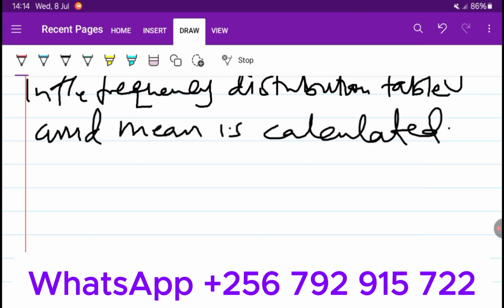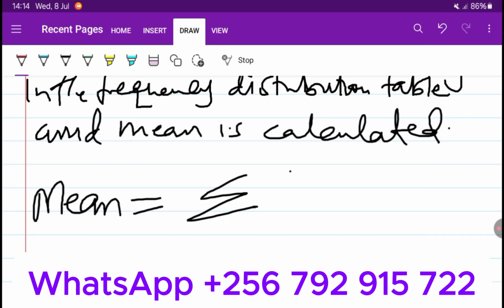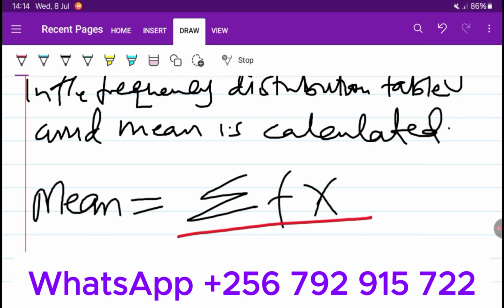Now, the formula that we use here to compute the mean is summation fx over summation f.